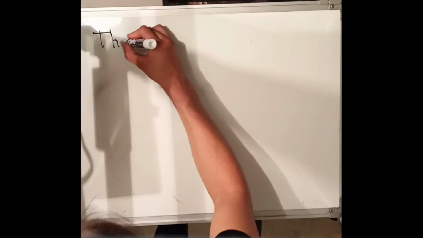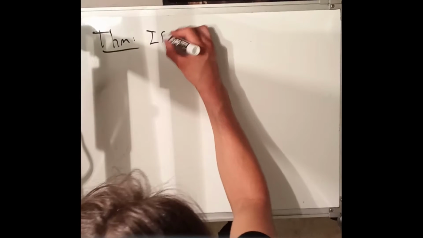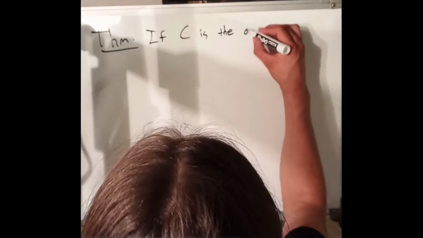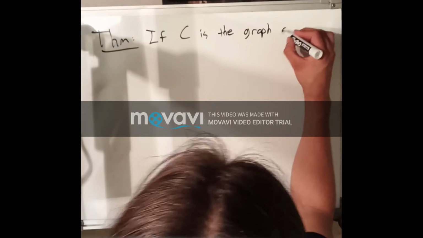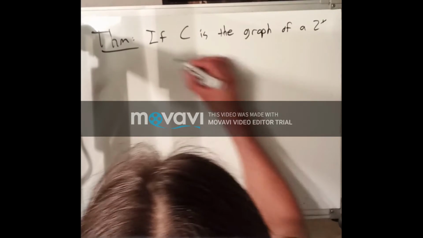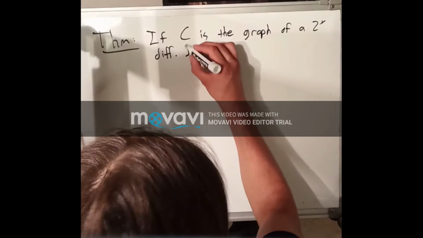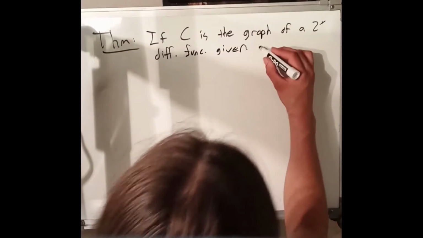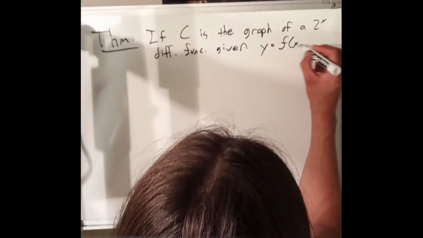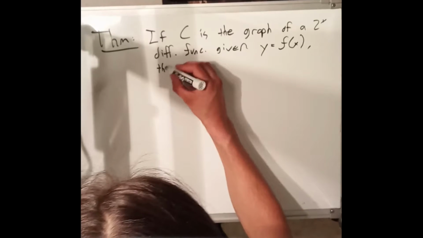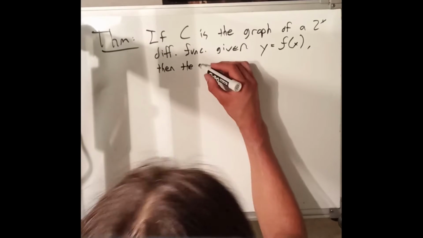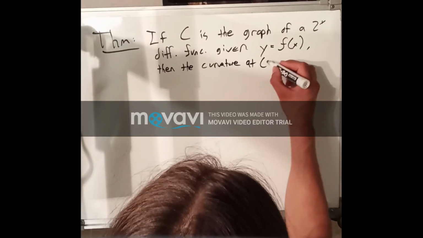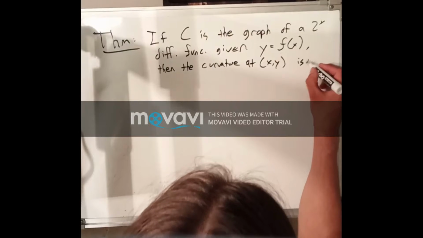Another theorem. If C is the graph of a twice differentiable function given by y as a function of x, then the curvature at a point (x, y) is given by the following equation.